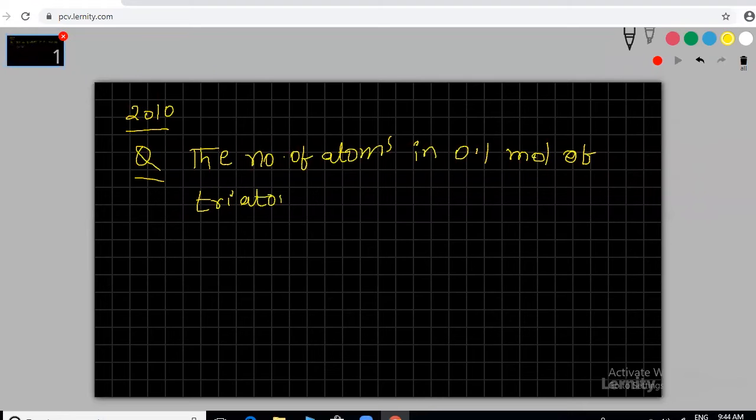I hope you know the Avogadro number, Na, given in brackets as 6.022 or 6.02 into 10 power 23 mole inverse. So this is the question.